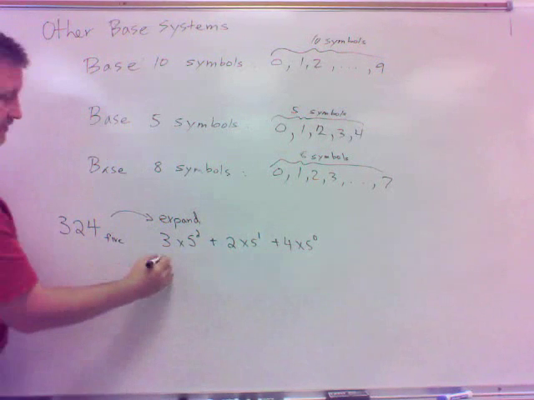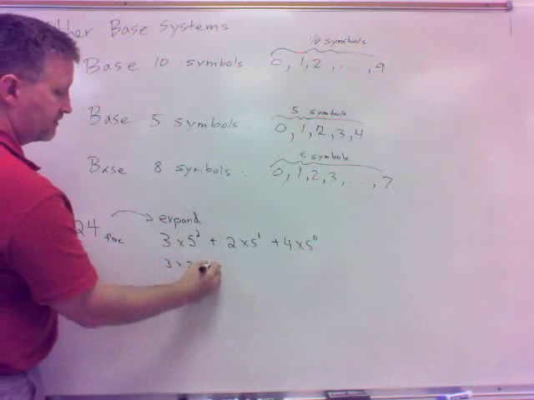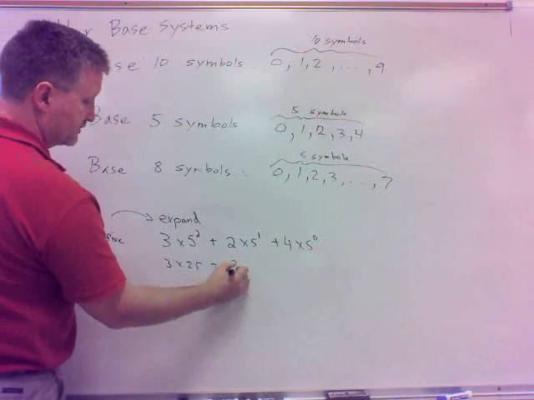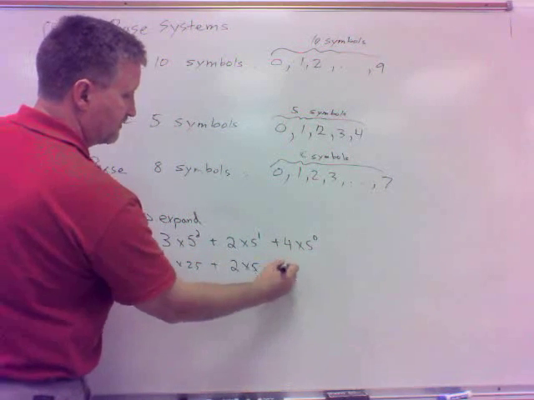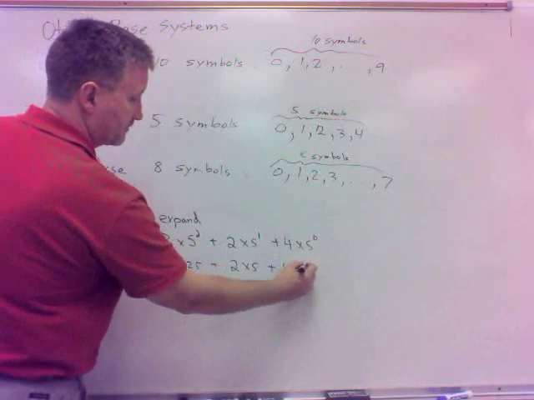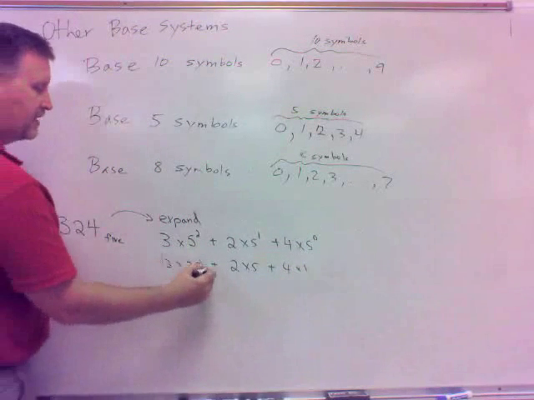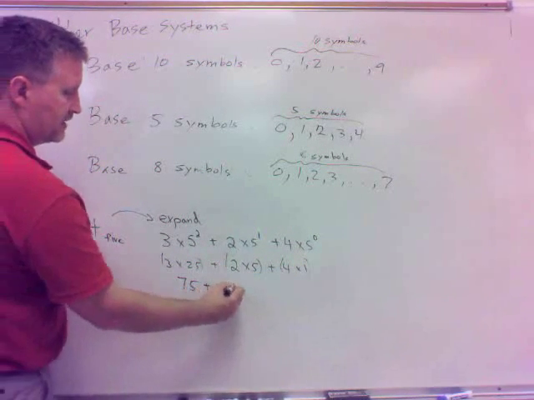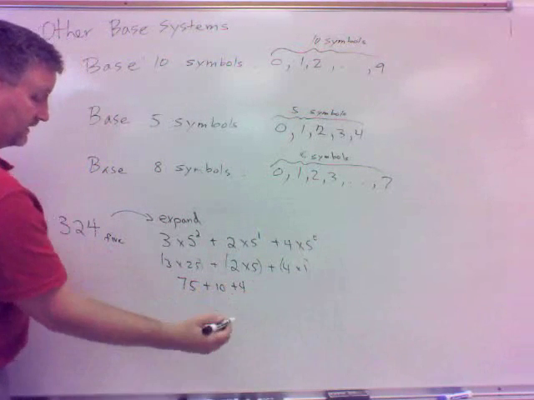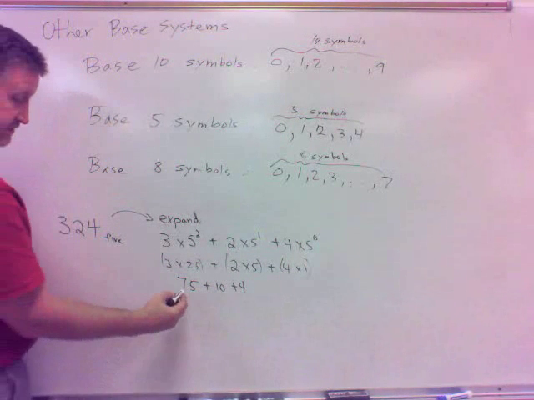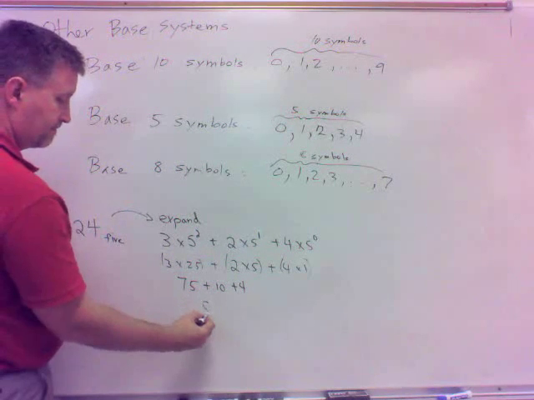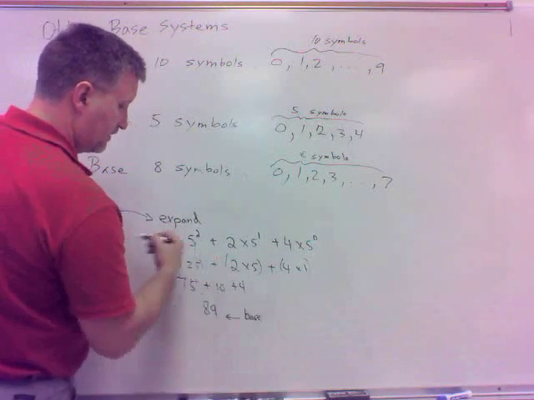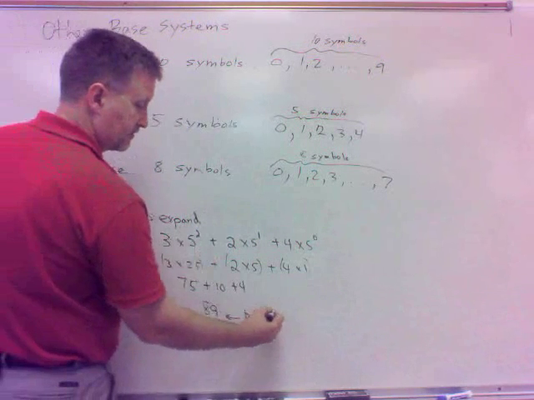Because if I multiply 3 times 25, right, 5 squared is 25. 2 times 5 to the first, 2 times 5, and then 4 times 5 to the 0, that's 4 times 1. If I multiply those together and add them, 75, 10, and 4, I get a different number. I get 89, right? That is the base 10 equivalent of my base 5 number that I started with.